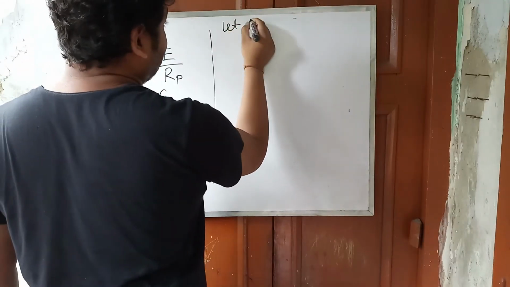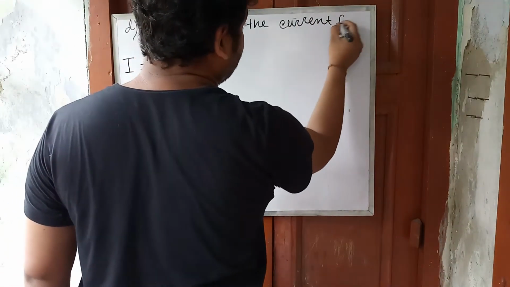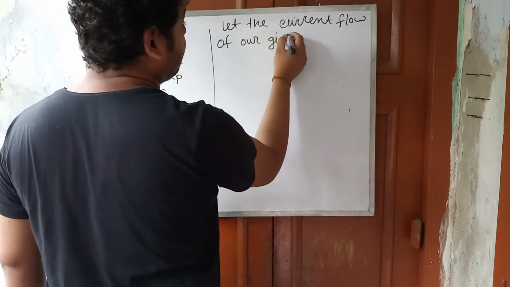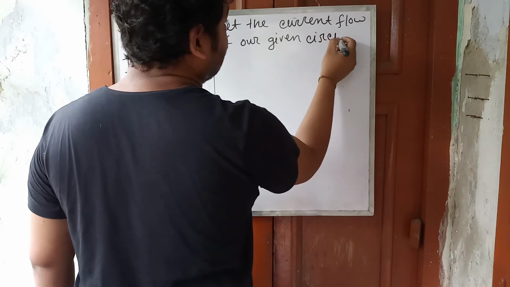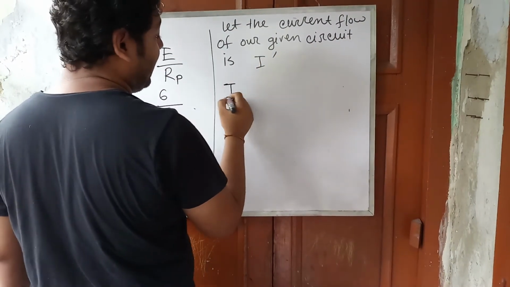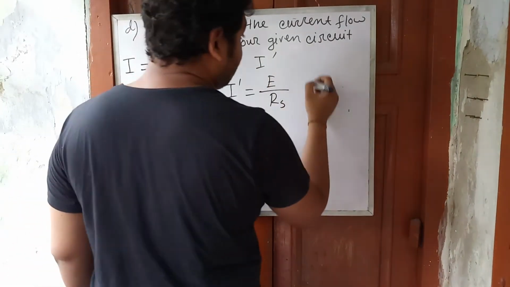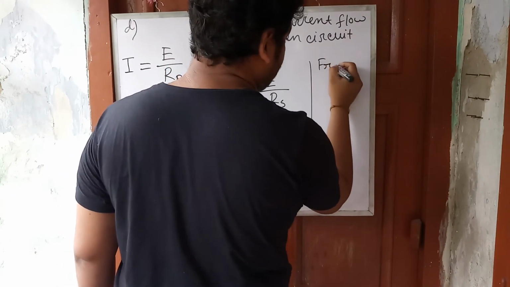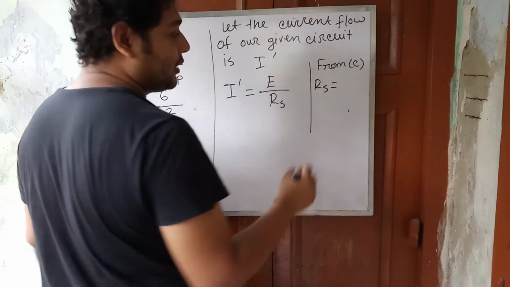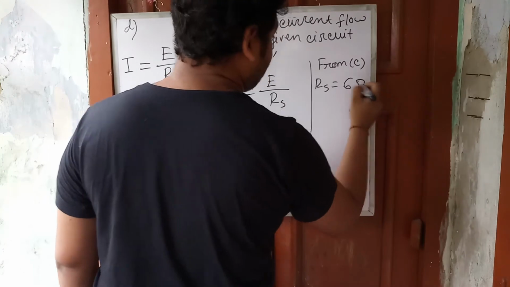Let the current flow of our given circuit be I prime. Then we can write I prime equal to E by Rs. From C, Rs equals 6 ohm.